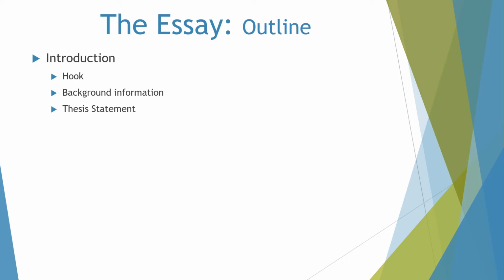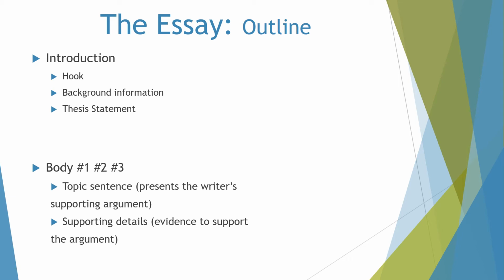Okay, so the outline. The introduction has 3 parts. And I'm taking this from the example from our Unlock textbook. So we have a hook, we have a background information, and we have a thesis statement. The body paragraphs, body 1, body 2, body 3, they all have the same content.